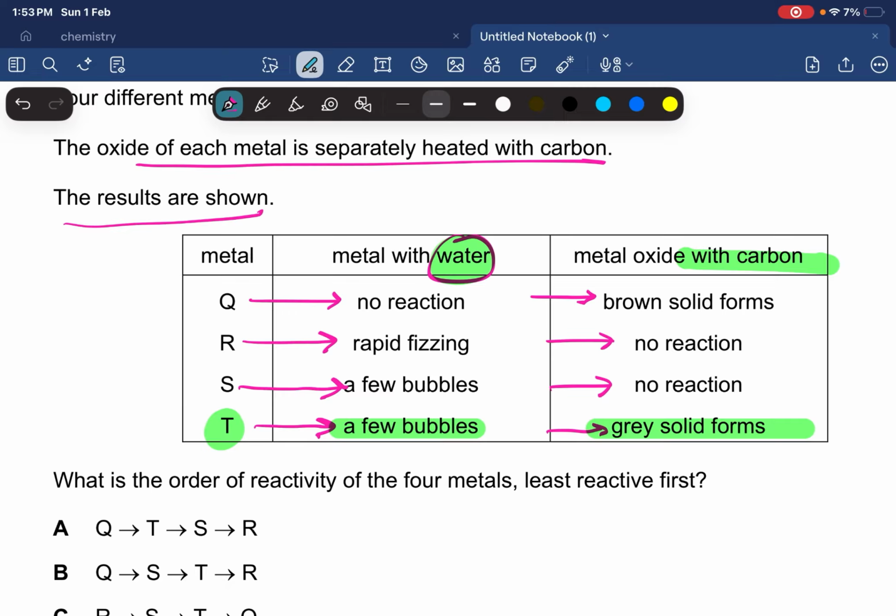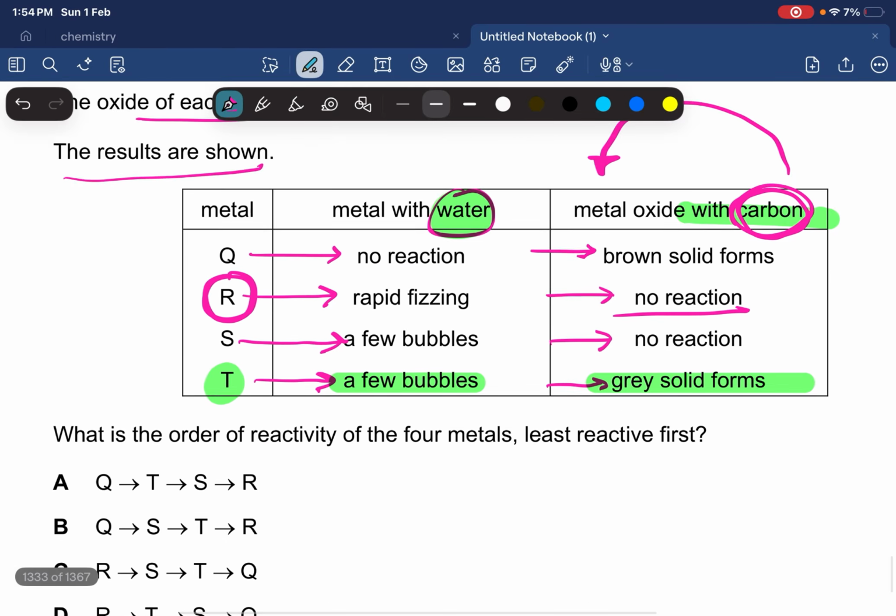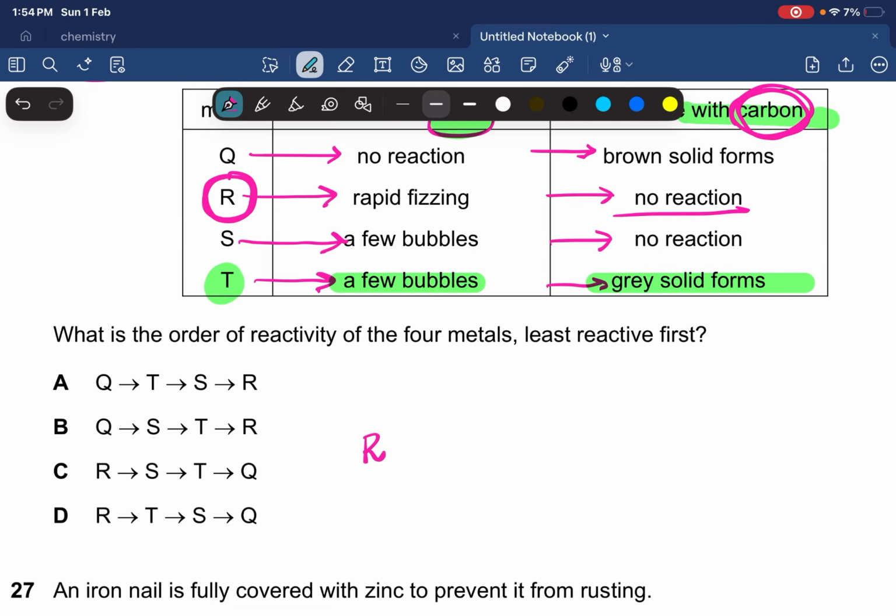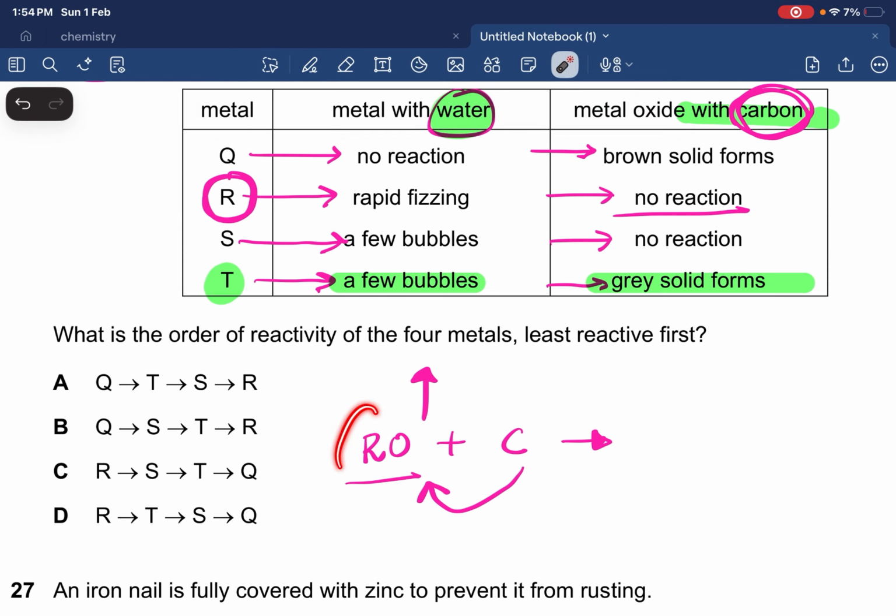Look, a metal oxide reacts with carbon. That means that carbon can displace that metal, right? So for R, no reaction is going to occur if you have an oxide of R, like RO, and you add carbon to it. Since carbon cannot displace R from RO, R is going to be more reactive than carbon.